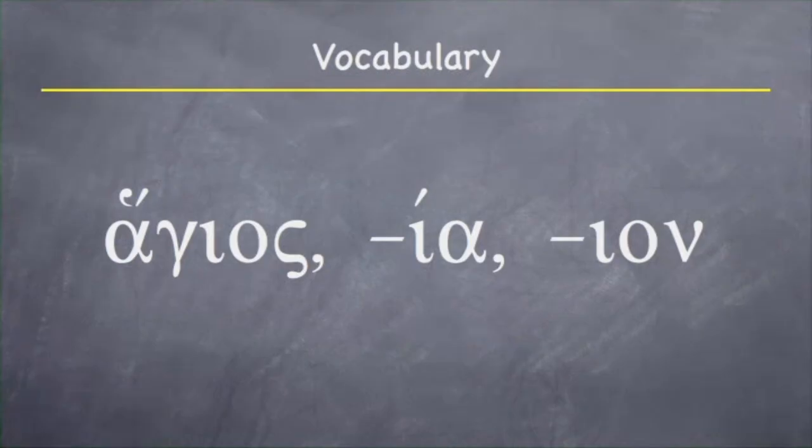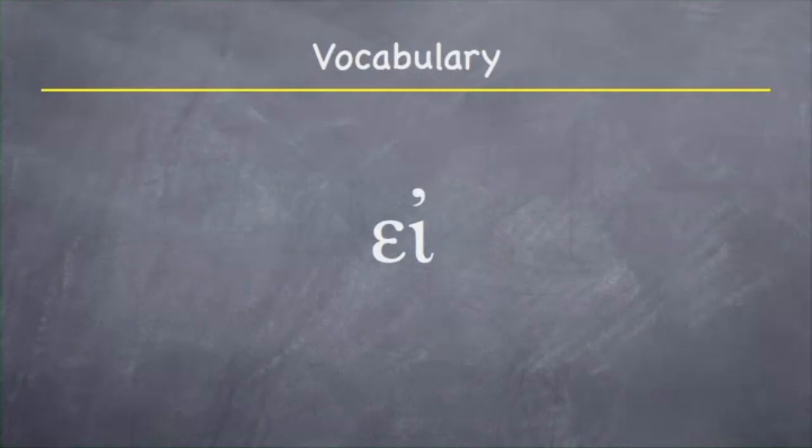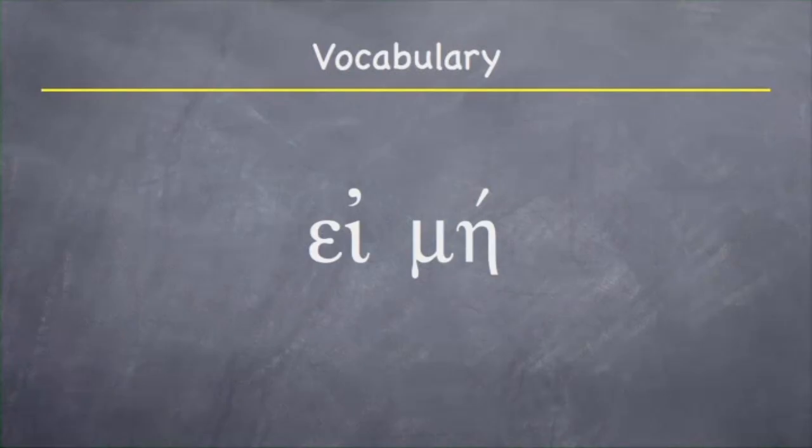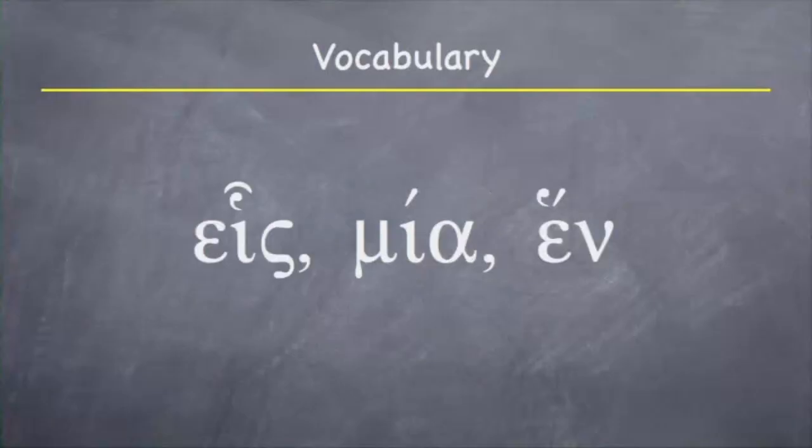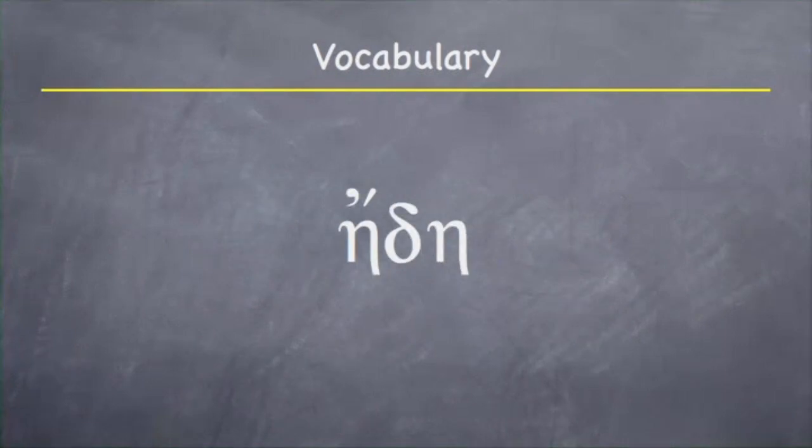Hagios, hagia, hagion. As an adjective, holy. As a plural noun, saints. Ei, if. Ean, if. Ei me, except, if not. Heis, mia, hen. One. Hemera, day. Ede, now, already.